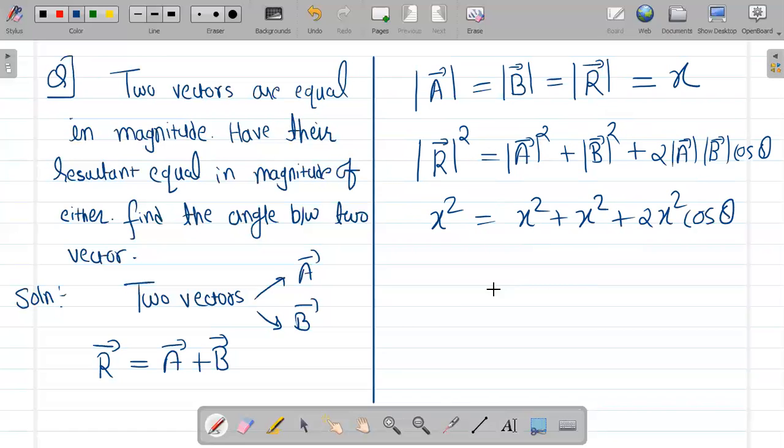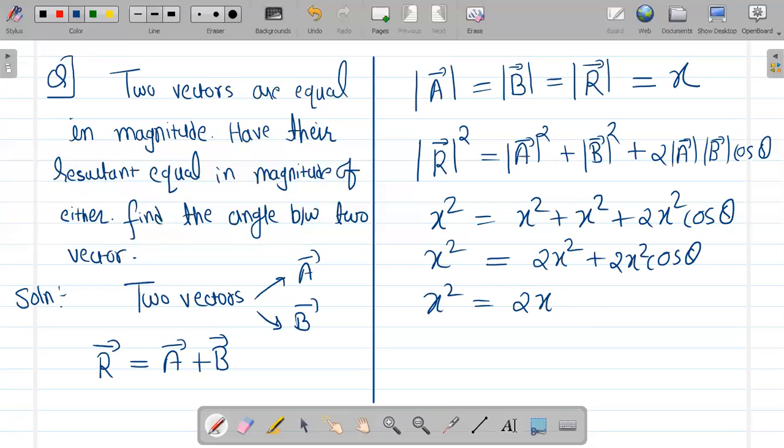After putting the magnitude of A, magnitude of B and magnitude of R equal to X, it can be X square plus X square is 2X square, plus 2X square cos theta. That means we can take 2X square common and it will be 1 plus cos theta. So X square will be cancelled and this will become 1 by 2 is equal to 1 plus cos theta.